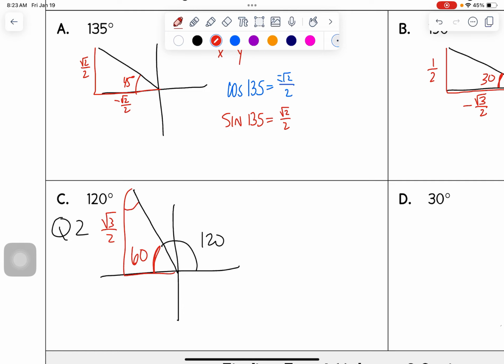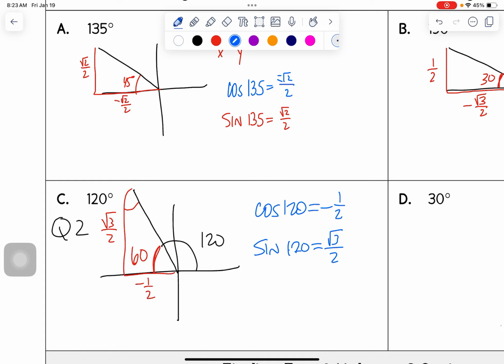The side across from the 30 is negative 1/2. Cosine is always the x value, so the cosine of 120 equals negative 1/2. The sine of 120 equals root 3 over 2.